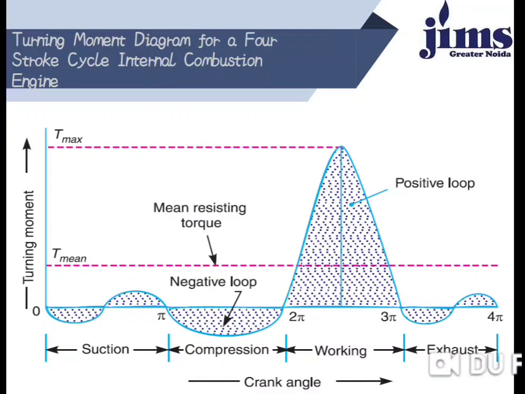We know that in an Otto cycle or diesel cycle there are 4 strokes. First is the suction stroke, second is compression, third is expansion, and fourth is exhaust. During suction, the pressure inside the cylinder will be less than the atmospheric pressure, so here we get the negative curve, this one, during the suction.